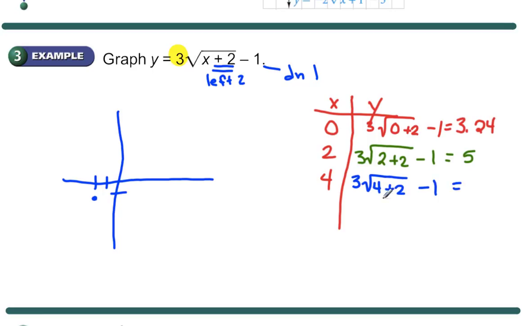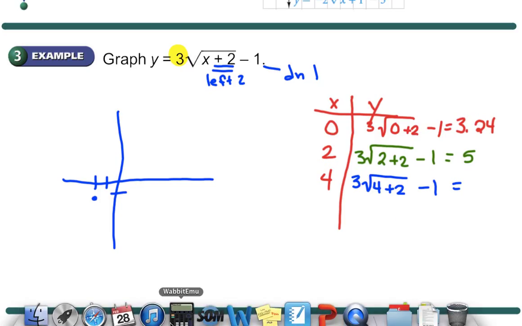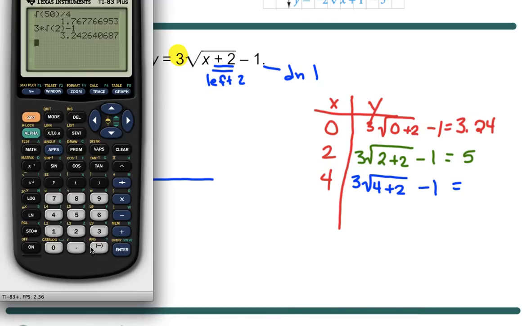Now, I could have been a little bit better and picked numbers that would give me perfect squares underneath here, just like this 2 was, but that's not always going to happen. So just use the calculator to help you out with this part of it, and it's not a big deal. We have 3 times the square root of 4 plus 2, which is 6. Close the parentheses, minus 1.